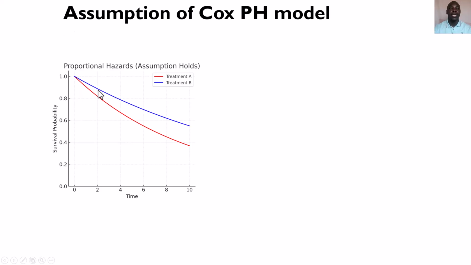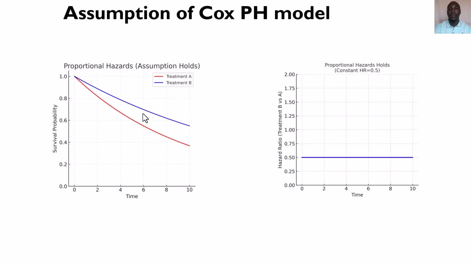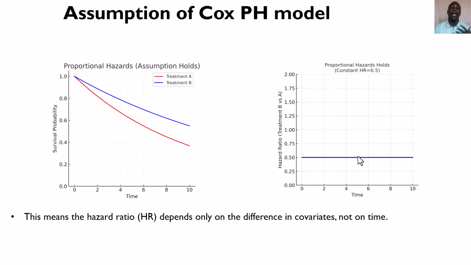The hazard ratio at time 2 should be equal to the hazard ratio at time 4, at time 6, throughout the entire study. If you were to plot that hazard ratio, you would get a horizontal line over time. This implies that the hazard ratio depends only on the difference in the set of individual characteristics being studied instead of time.